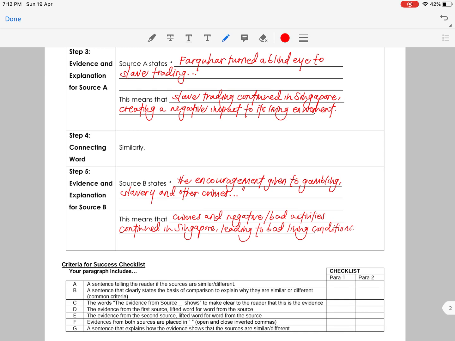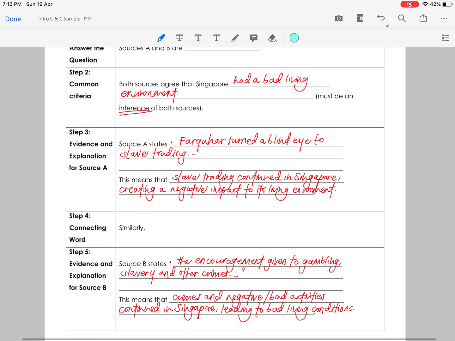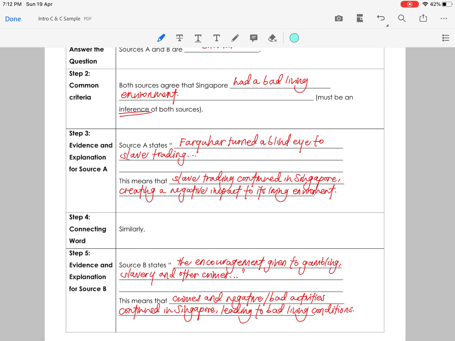So you can see that it is explaining how it is linked to the inference. Both pieces of evidence are linking back to the inference at the top here.